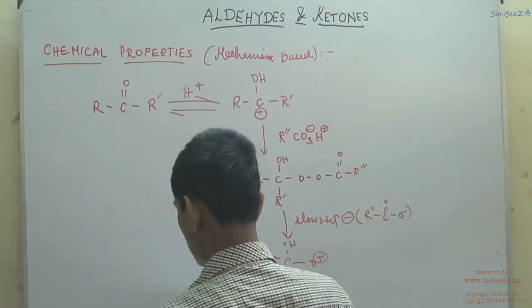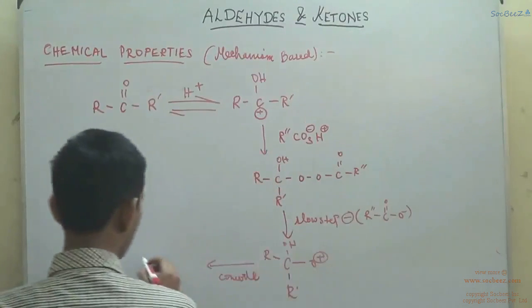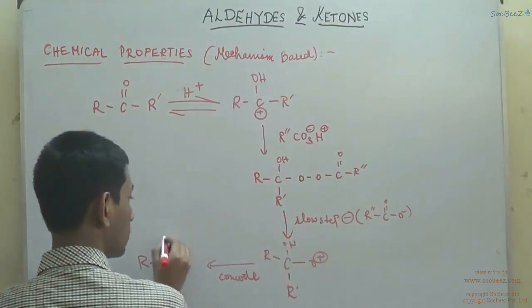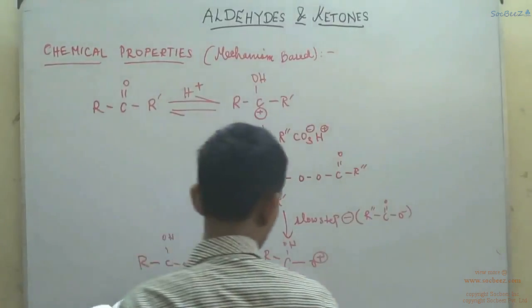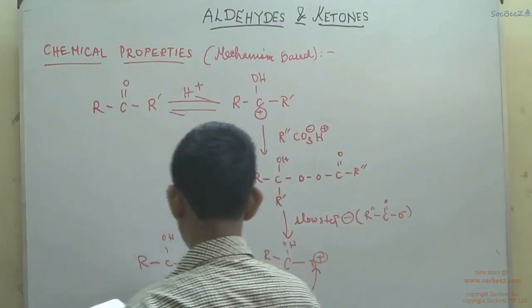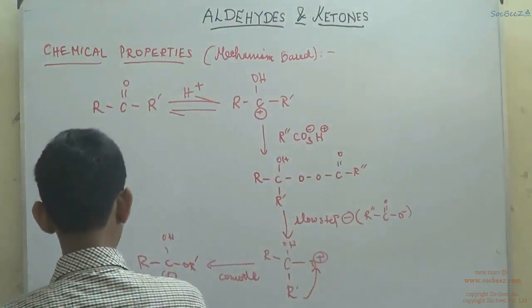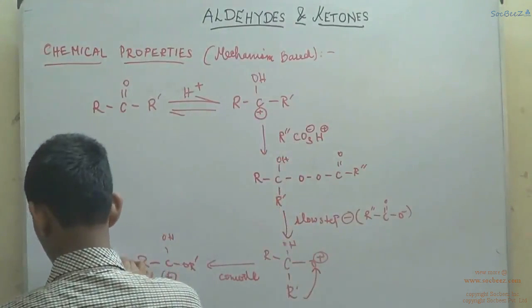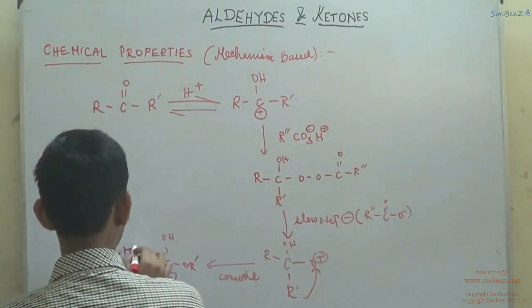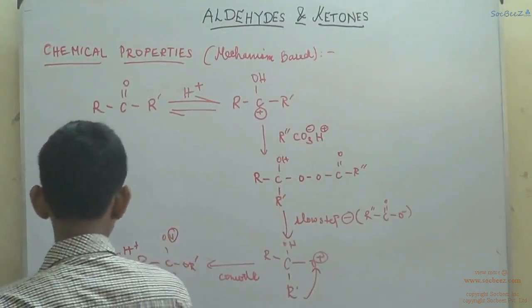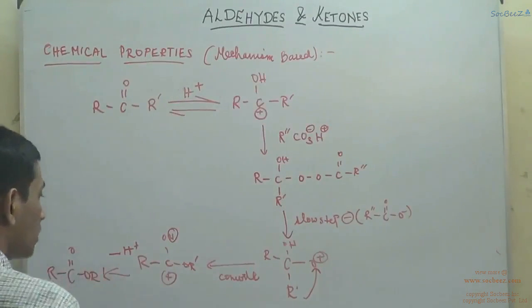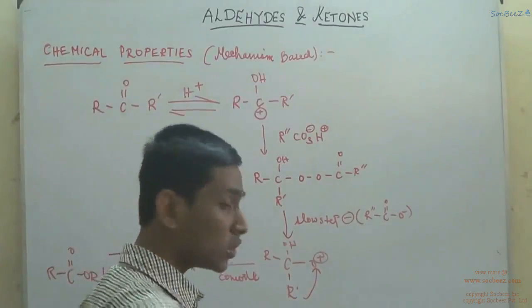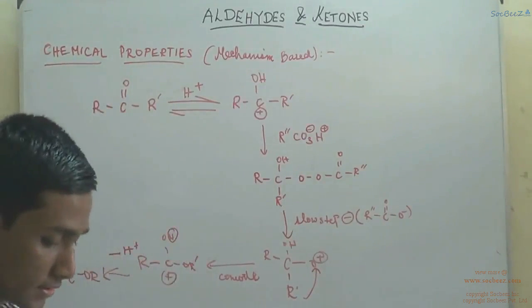In this state, this shifts by a concerted mechanism, so R dash shifts, the positive charge comes here, and then with removal of this hydrogen atom you get your ester. So if R dash is H, you will get your corresponding carboxylic acids.